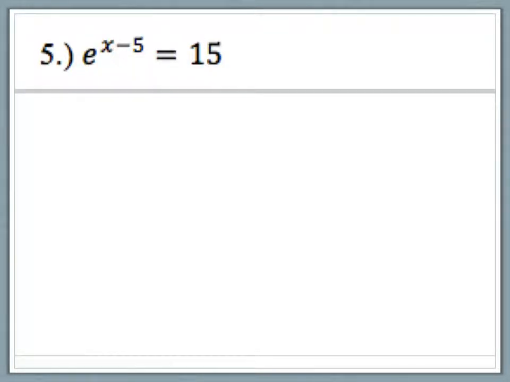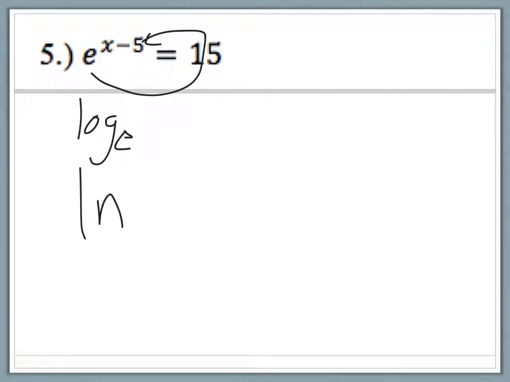For this one, if we look, same thing, it's just an e, so we're going to rewrite this. We go log base e, but when I do log base e, we don't write it as log base e, we just use ln. So ln of 15 equals x minus 5.